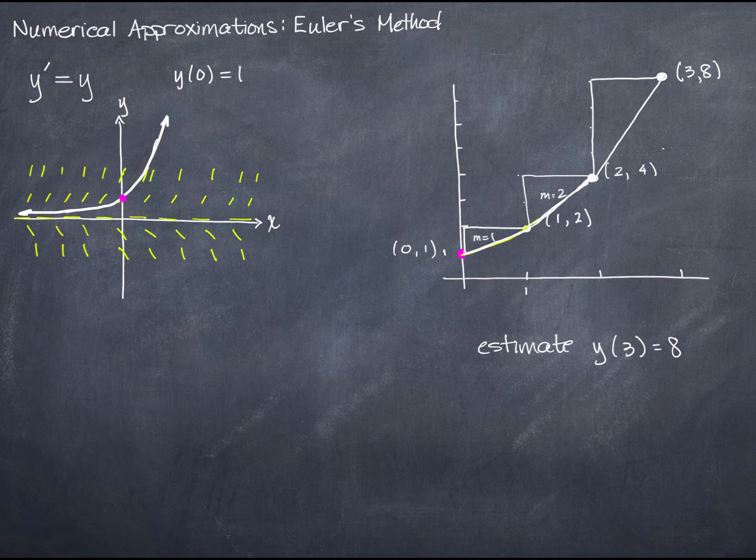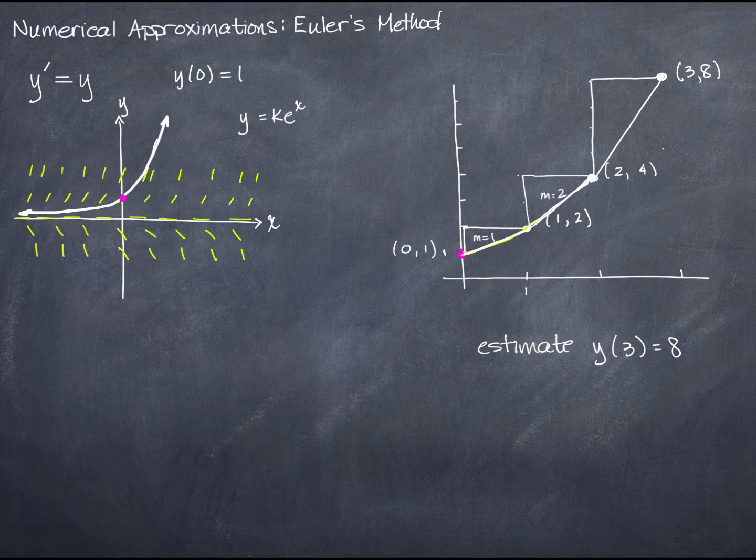Now, as it happens, it's actually a very bad estimate, because we know from our previous work with this very differential equation that the general solution is y equals k e to the x. And with this set of initial conditions, it turns out that k equals 1.